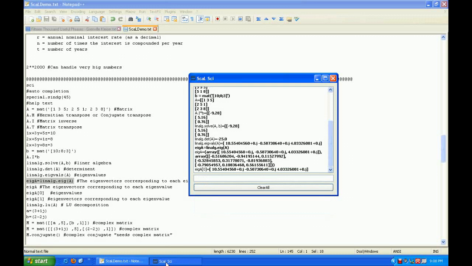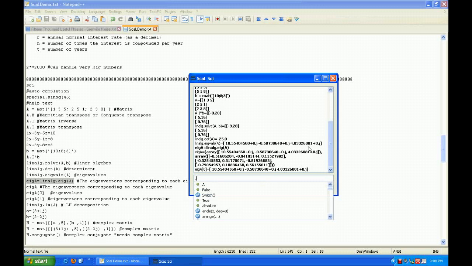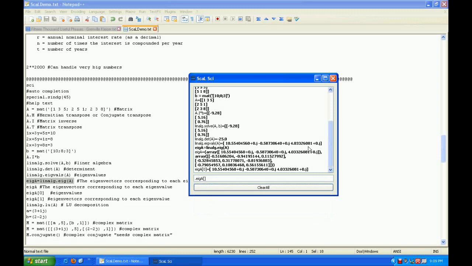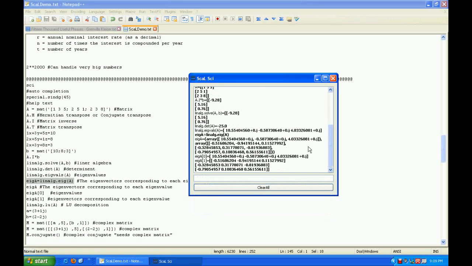It is first. This gives us eigenvalues identical to the eigenvalues calculated before, and eigenvectors corresponding to each eigenvalue. These are the eigenvectors.